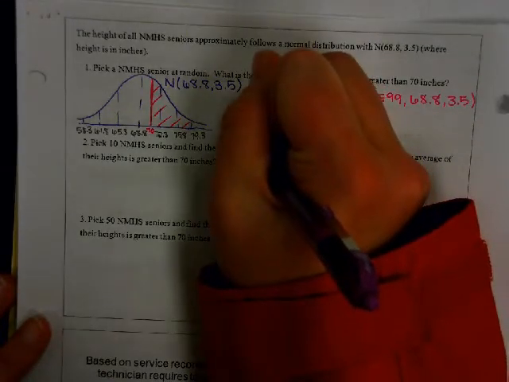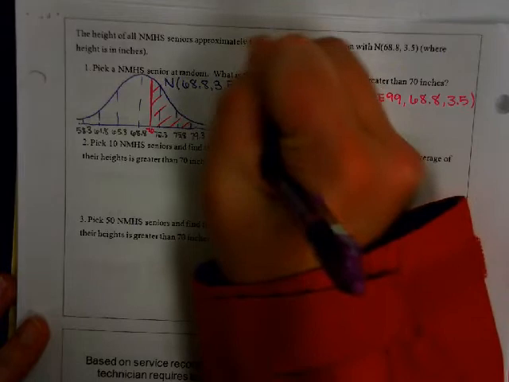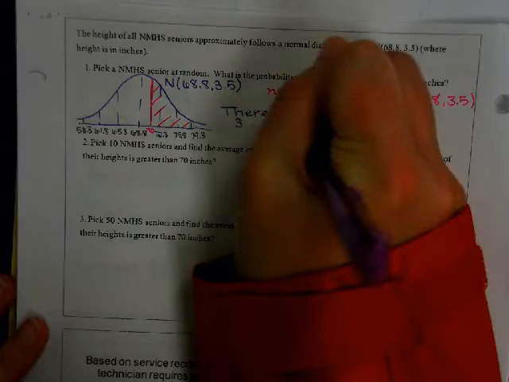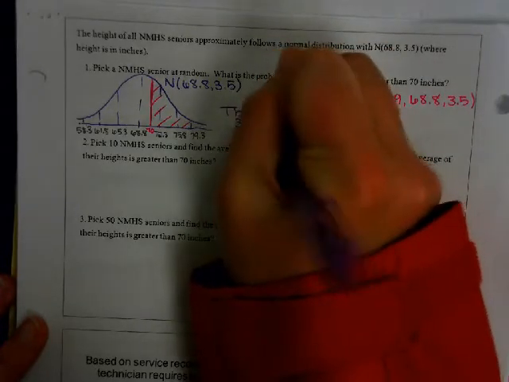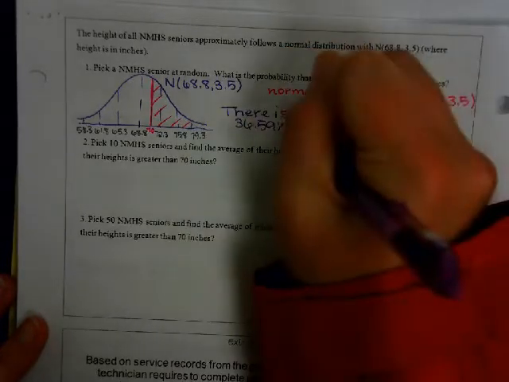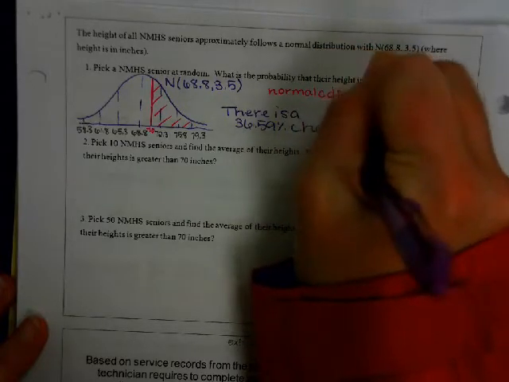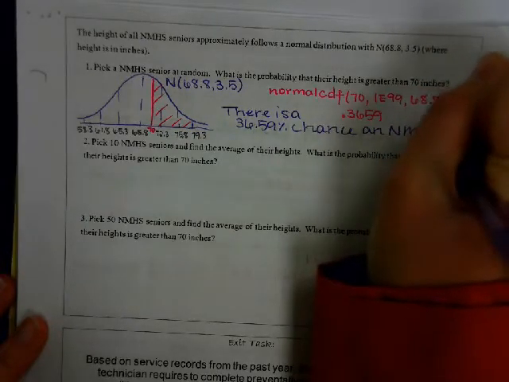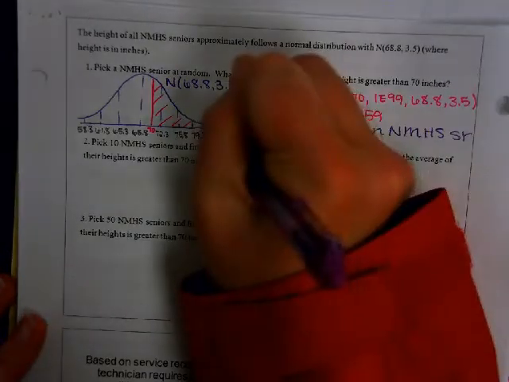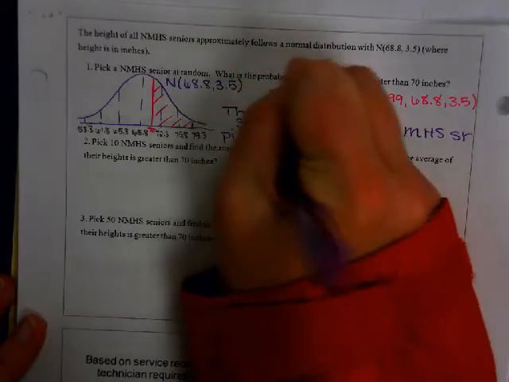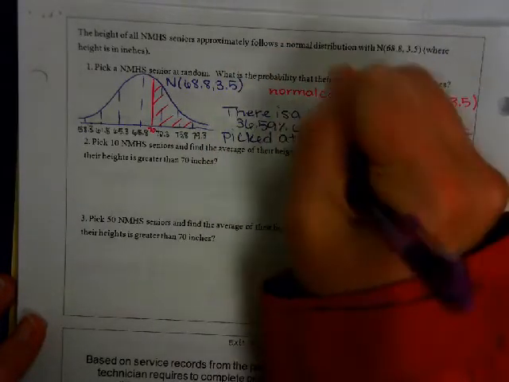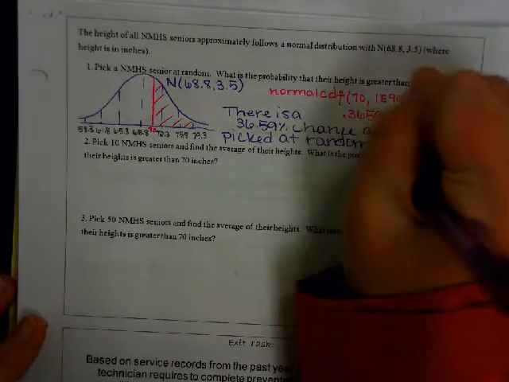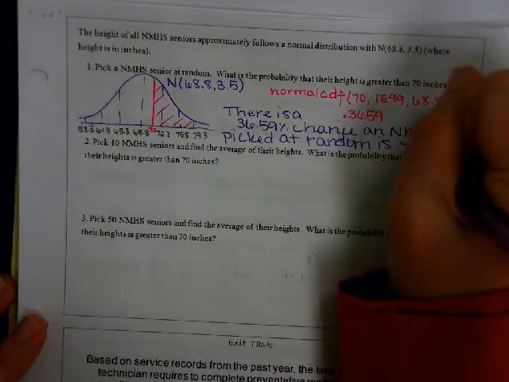There's a 36.59% chance that an NMHS senior picked at random is 70 inches or greater in height.